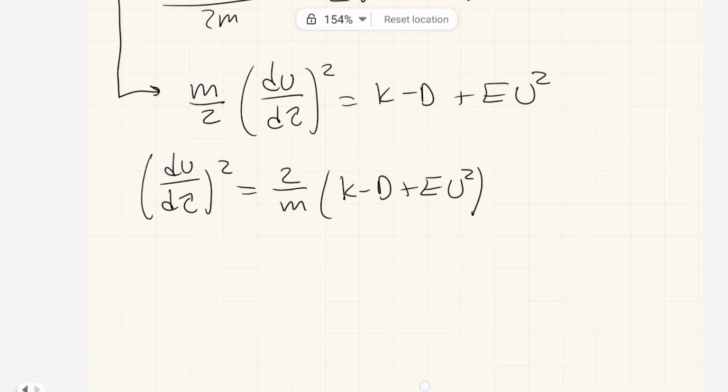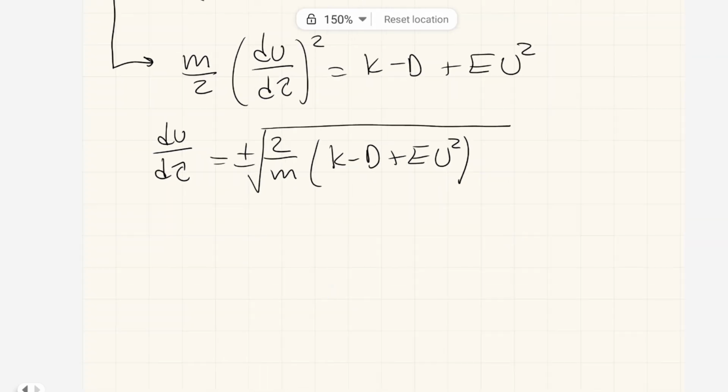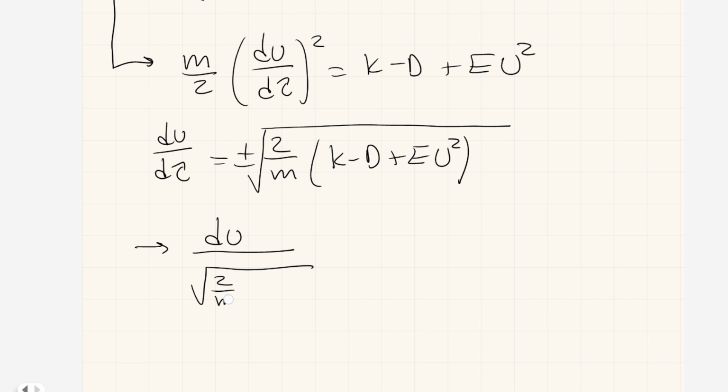Then we take the square root, plus or minus like this. We can see that du divided by the square root of 2 divided by m times k minus d plus eu squared is equal to plus or minus the integral of d tau.